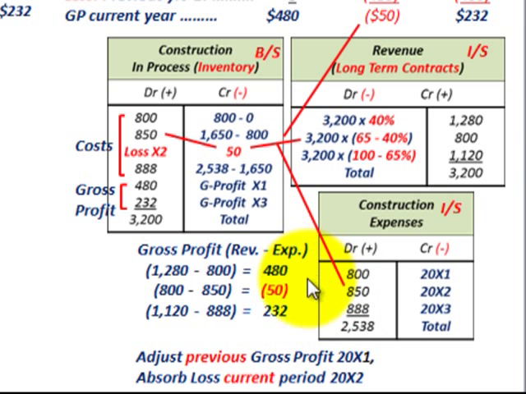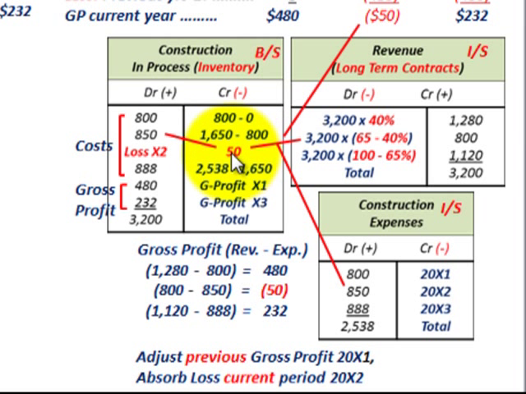So if you do your arithmetic, just remember, because we still had profit in this contract in year 20X2, we could absorb the loss on this contract, and it went against our construction in process inventory account.